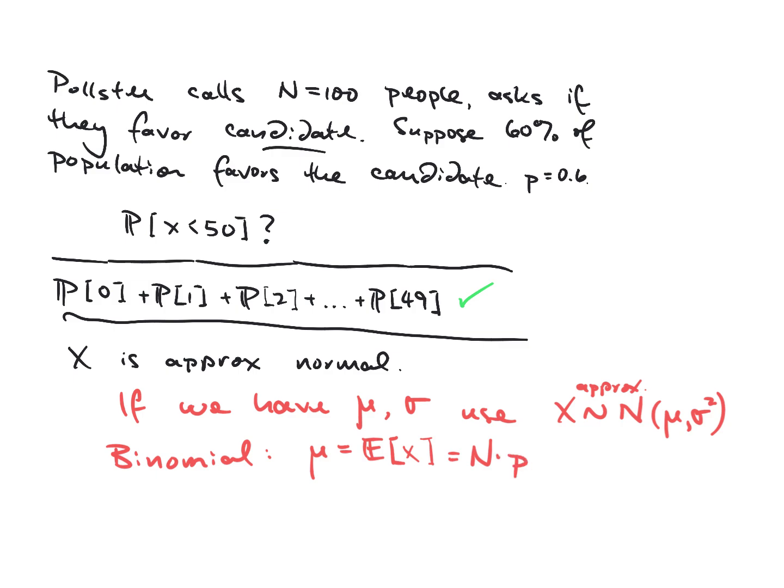And the variance is n times p times 1 minus p. Okay. Well, we have that information for this question, and we can plug in values. So, for example, to get the expected value, n equals 100, p equals 0.6. So this is 100 times 0.6.